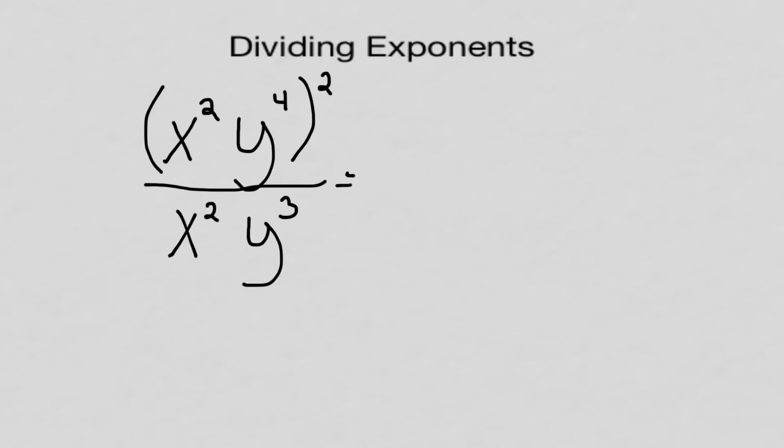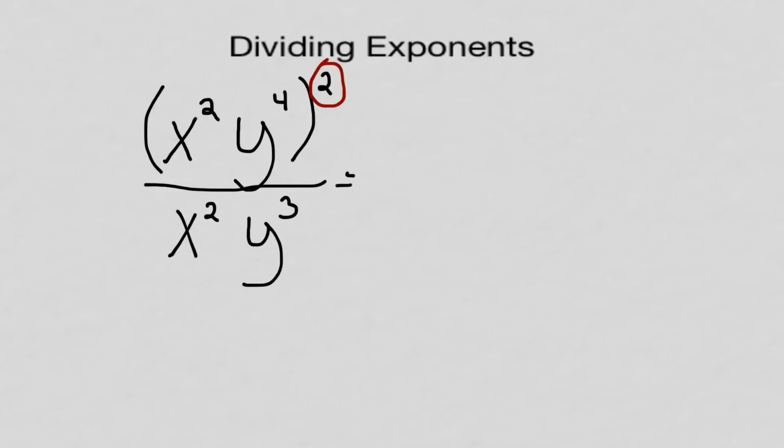Some of the problems we'll be doing on Monday, we're going to mix techniques just a little bit, right? We have to remember the stuff we've done in the past. Look at what we've got here. We've got x squared, y to the fourth, all of that squared, divided by x to the second over y cubed. Before you can do any division, you have to take care of this square.